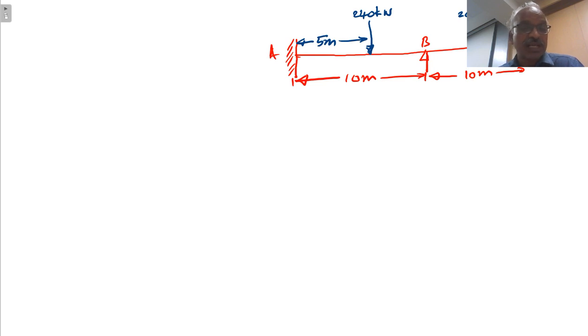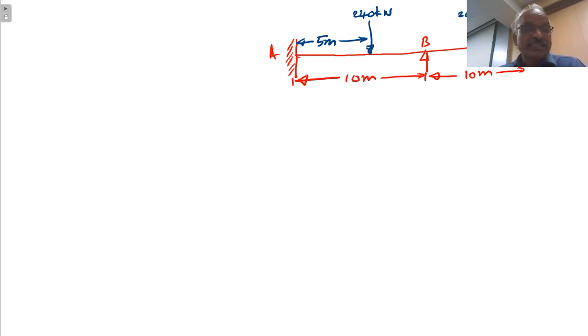Of course B is continuous. Now spans AB and BC carry central concentrated loads of 240 kilonewtons and 200 kilonewtons respectively. So we have marked the two loads as central concentrated loads.